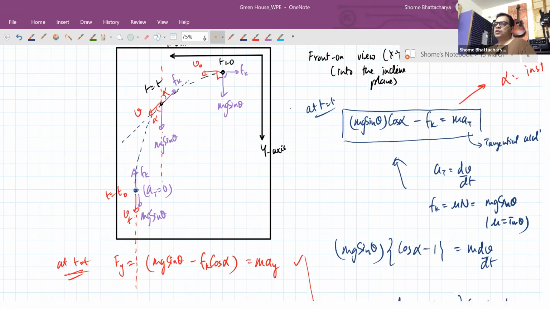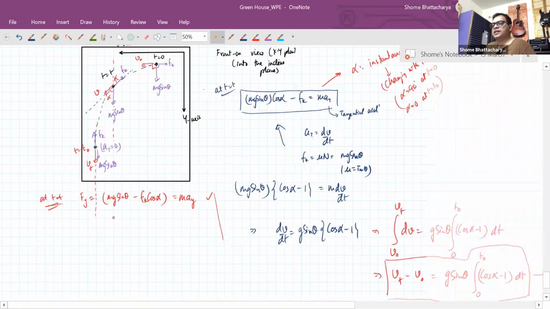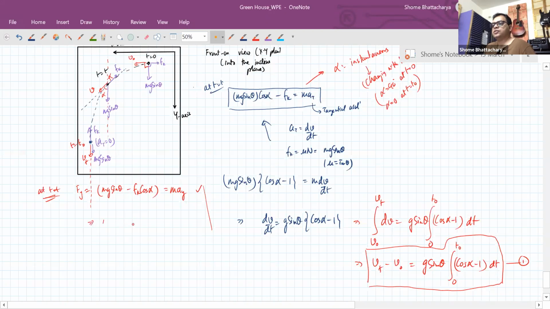Okay. So now what helps us is that these two are same in magnitude. So again I have that same thing, mg sine theta, but this time into 1 minus cos alpha is equal to m into ey, because friction is equal to mg sine theta in magnitude, because mu is equal to tan theta.